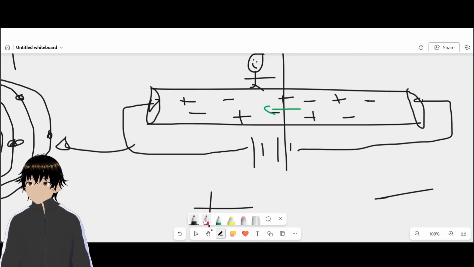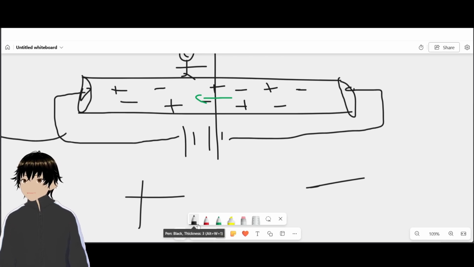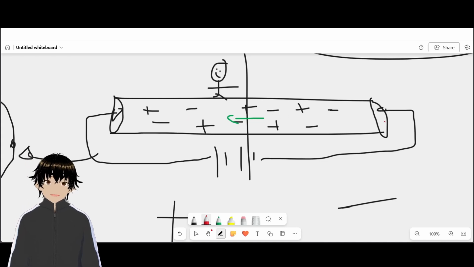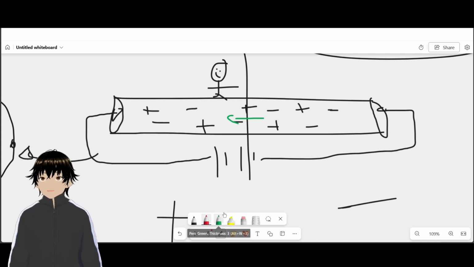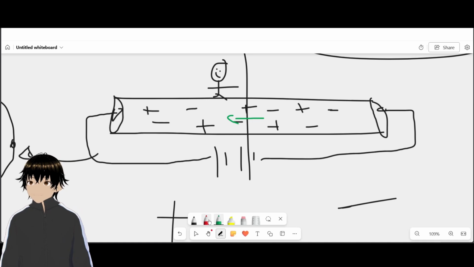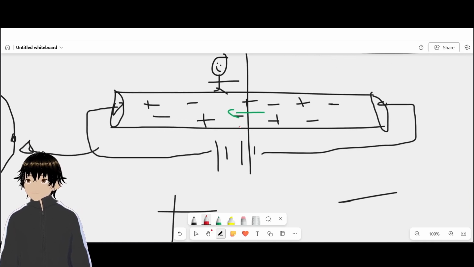And then, since the right side of the copper wire is negative, you're also going to see some positive ions moving to the right side. So, hold on, let me just use the... okay.